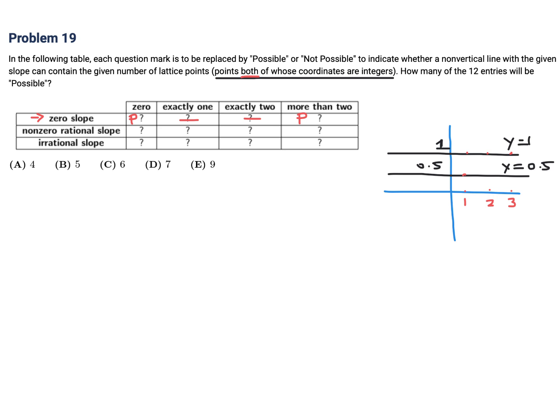Now let's create a line that represents non-zero rational slope. Non-zero rational slope. Okay, so something like this or this. And let's just give an example. 1/2 x plus 1/5.